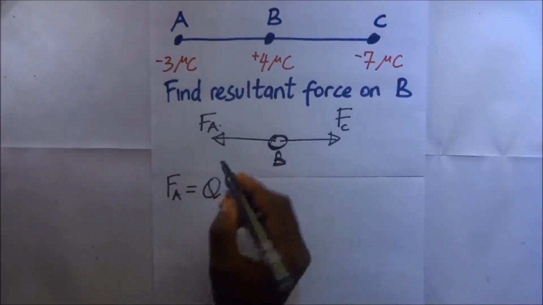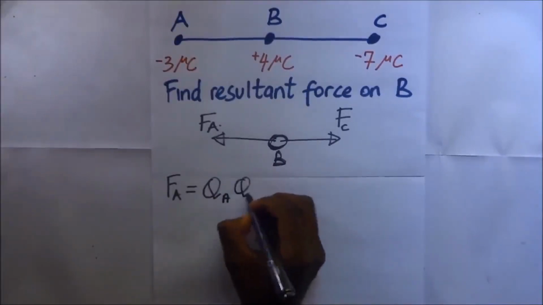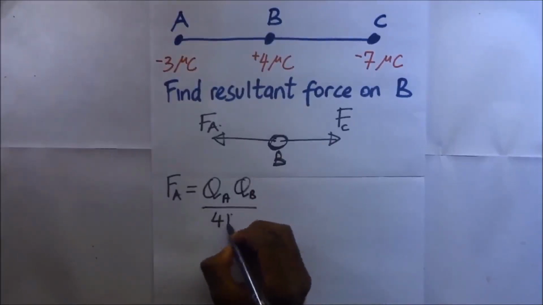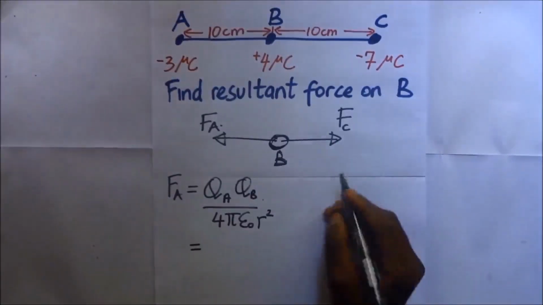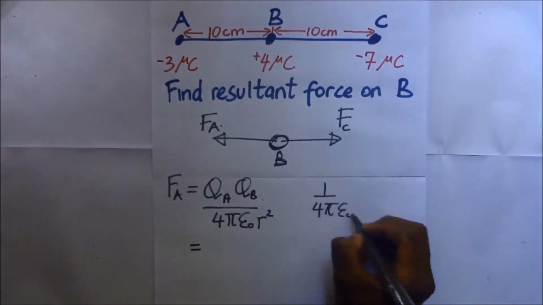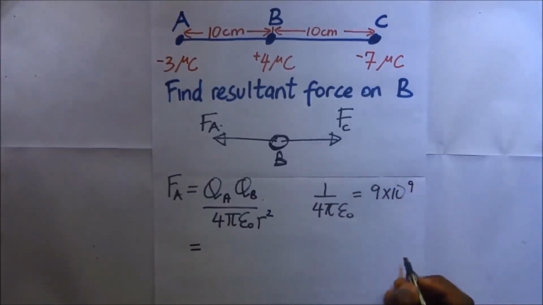QA times QB over 4 pi epsilon naught. But like we said before, 1 over 4 pi epsilon naught is the same as 9 times 10 to the power 9.